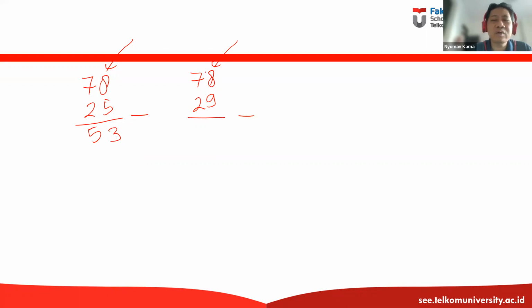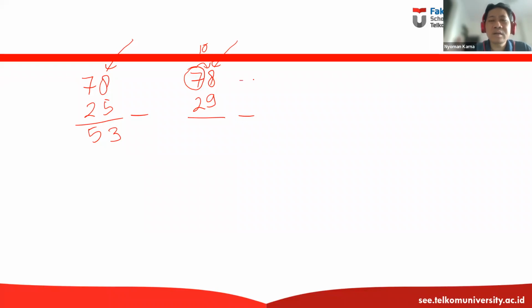So I need to borrow from my neighbor, which is 7. So 7 will give 10 to 8 because this one is decimal.